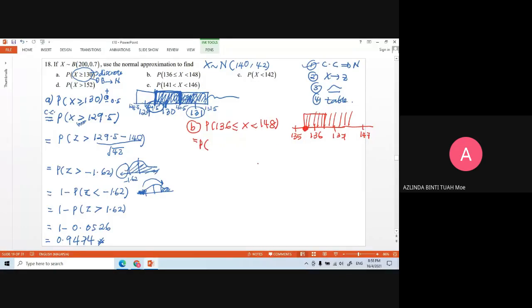Berapa value sini, Jun? 136 minus 0.5. Okay, less than x, less than, going up until 147. Sebab exactly 147 dia akan stop. Okay, so going up, continue until 147.